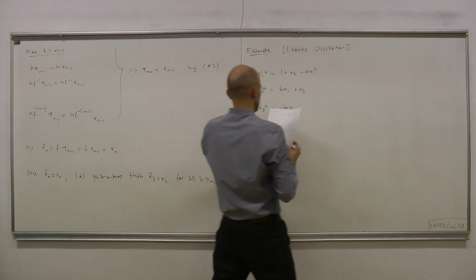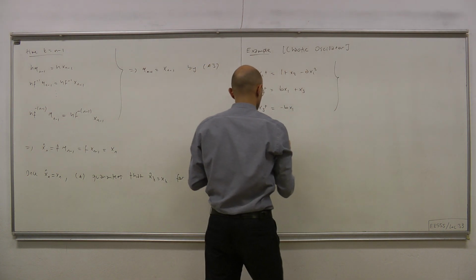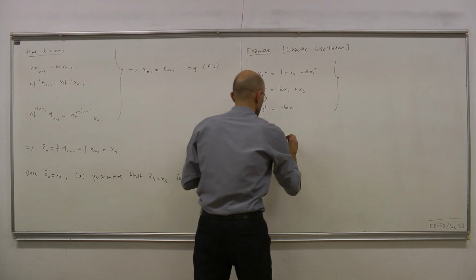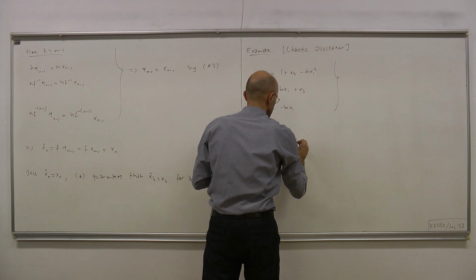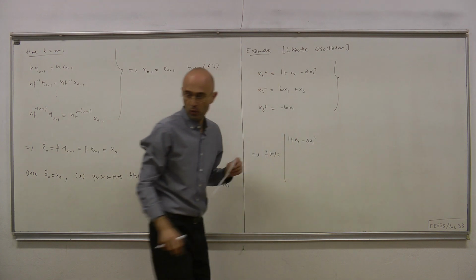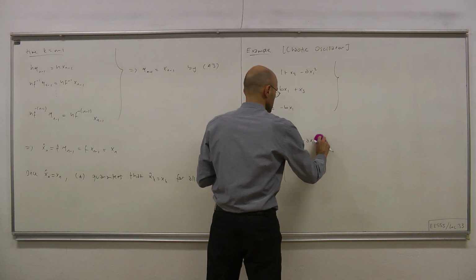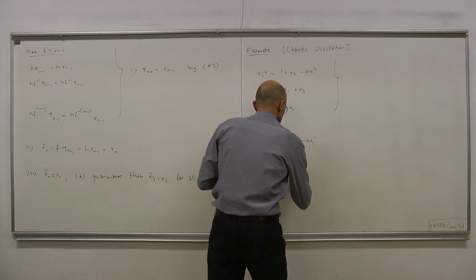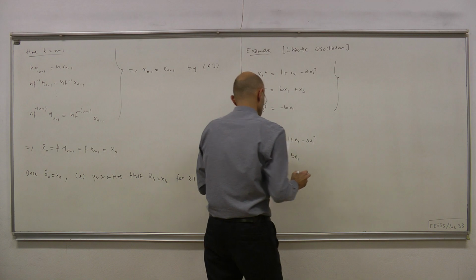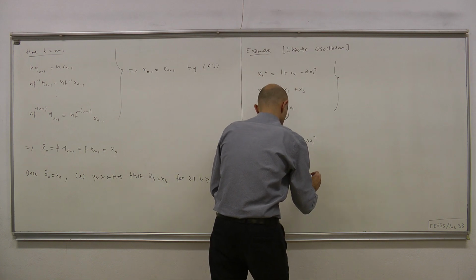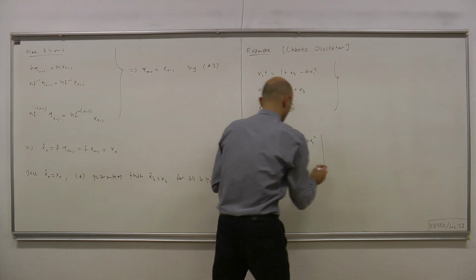Now this implies that f of x for our system is 1 plus x2 minus a x1 squared, b x1 plus x3, and minus b x1.